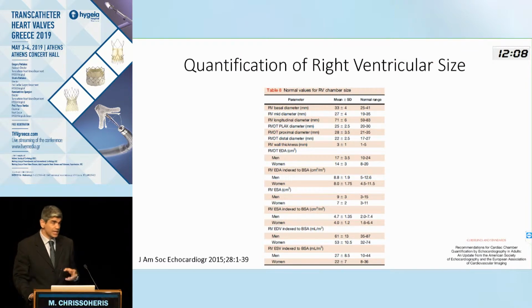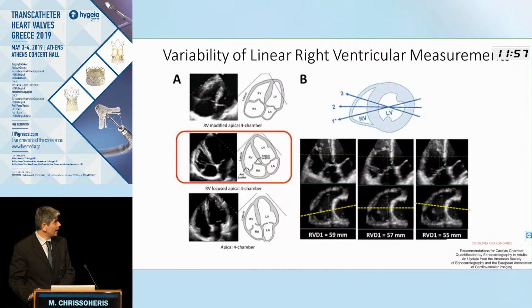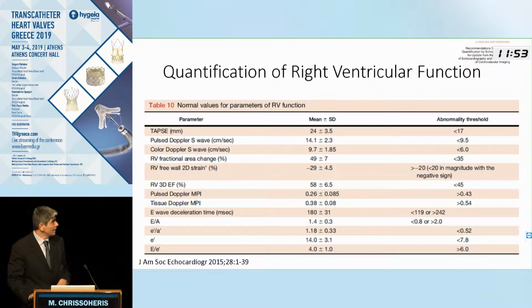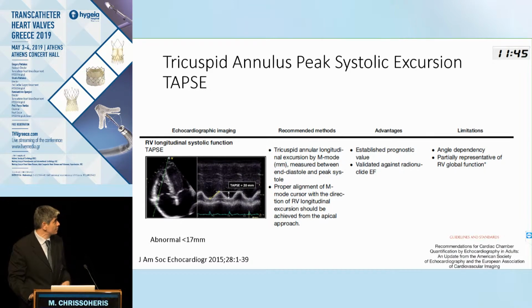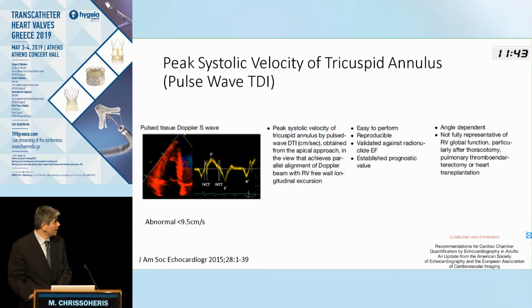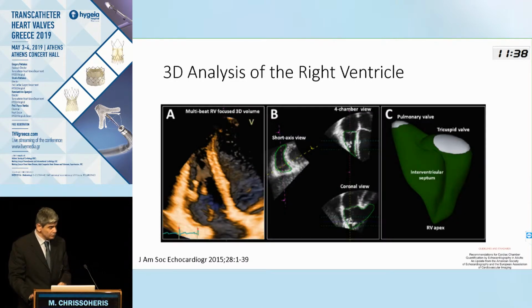It's very important to understand the size of the right ventricle. We have 2D methods to do that, but more and more we rely on 3D methods that we will see shortly. We have many limitations with the 2D methods that we use. In addition, it's important to assess right ventricular function, and we have several methods, from the traditional TAPSE method, which is an older method, to the S prime of the tricuspid annulus, to the newer modalities.